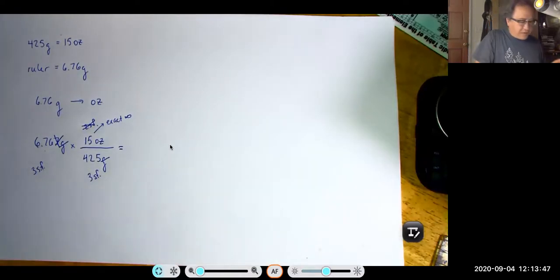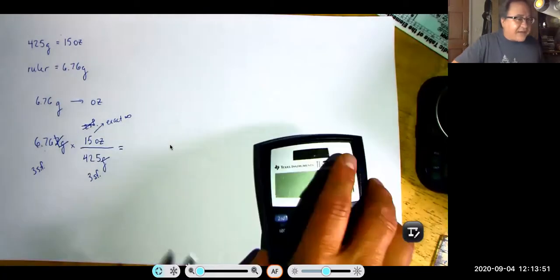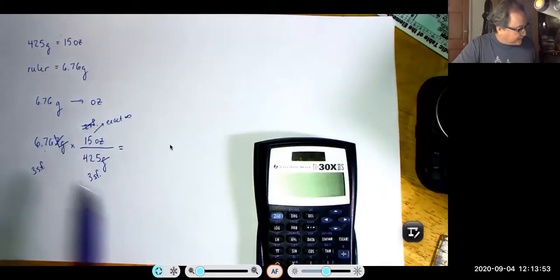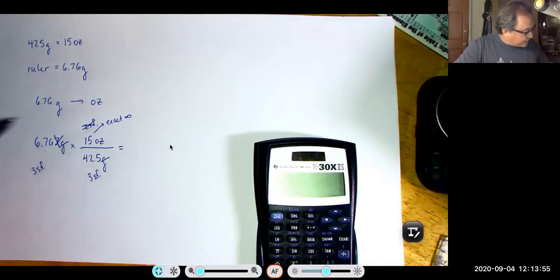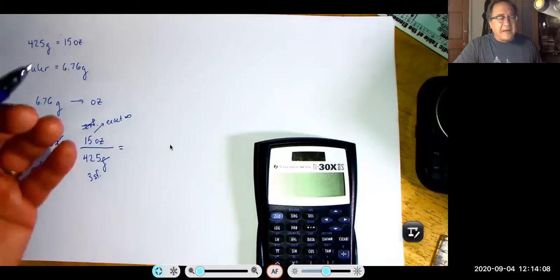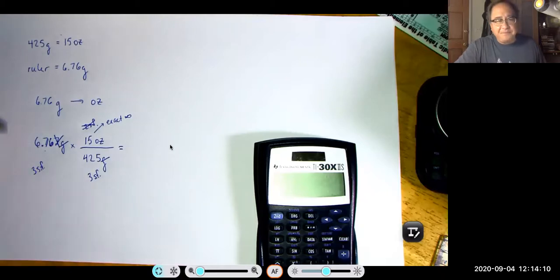Okay, so here is the calculation we need to do, and we can kind of estimate the answer, if you will, because here, this is roughly 7. 7 times 15 is roughly 100. 100 divided by 425 is roughly a quarter, so the answer should be around 0.25, but less than that because I kind of rounded things up.